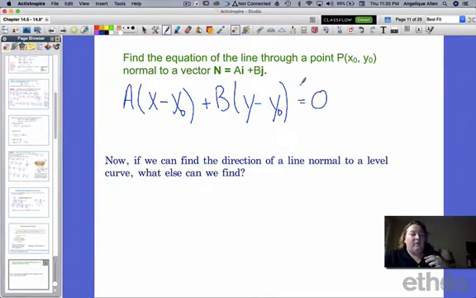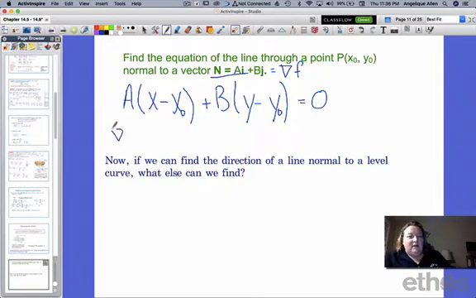This comes from the way that we find the equation of a plane, right? But we're just doing a line because we're just doing it in x, y, not x, y, and z. So this is a format we're used to, okay? And do you see how we've got kind of a dot product in here? If our normal vector is our gradient vector, then I can replace these a and b with partial derivatives.